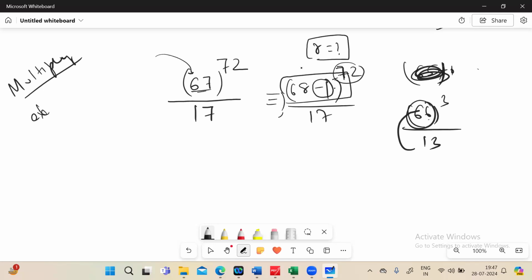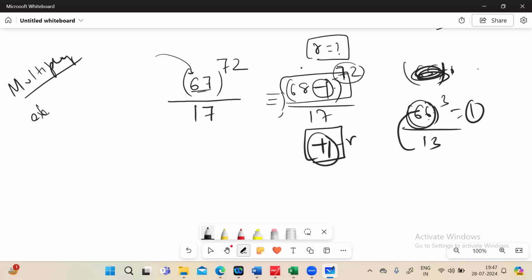And then 1 will be multiplied 3 times, so the remainder will be 1 only. Here, minus 1 will be multiplied 72 times, so the value will become plus 1. So basically all those remainders got multiplied and give you a plus 1 value. So it will be your remainder.